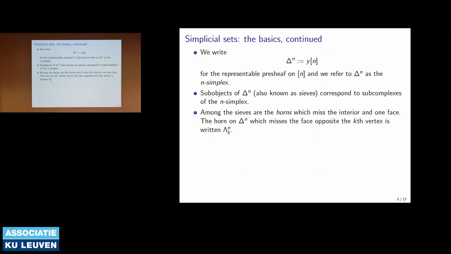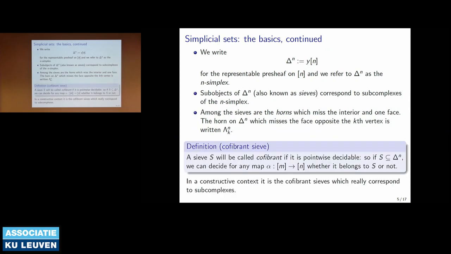If it is the face opposite the vertex with index k, then we call it the kth horn, and we write it like this.